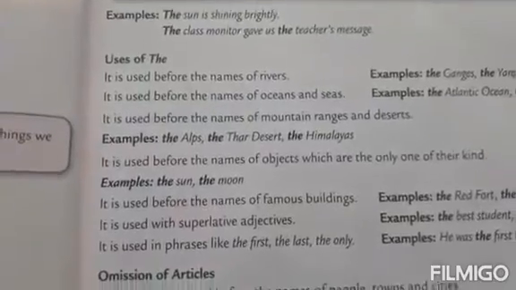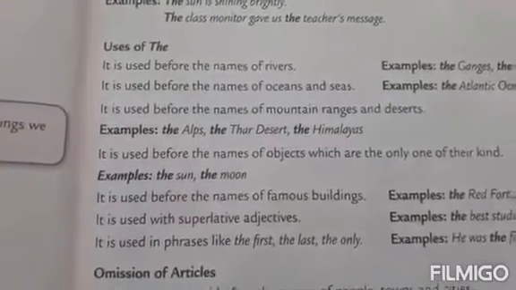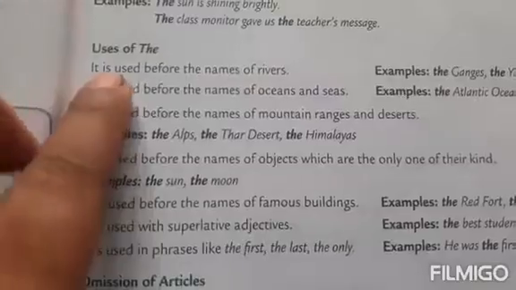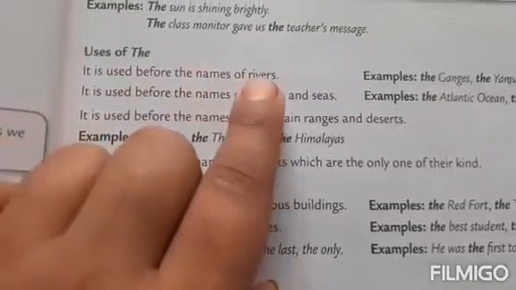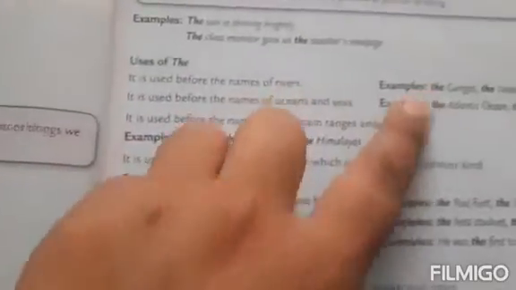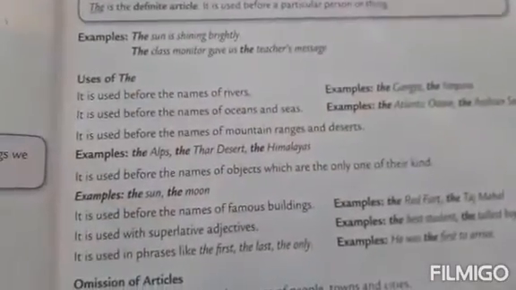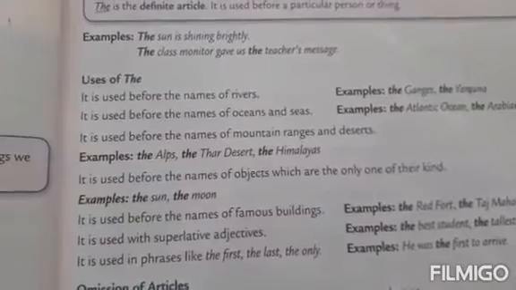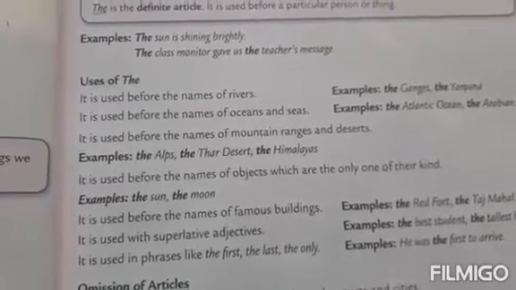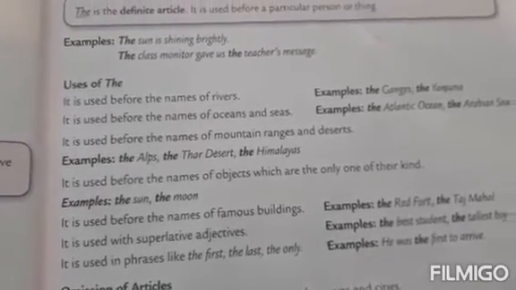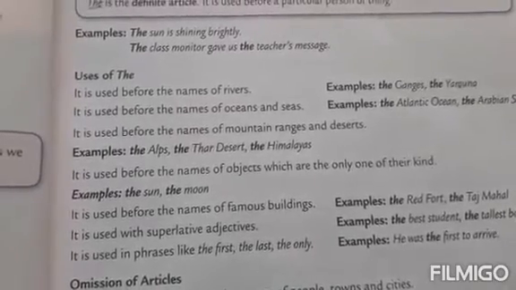Now we come to uses of the. The is used before the names of rivers. For example, the Ganga, the Yamuna. It is also used before the names of oceans and seas, mountains and deserts. For example, the Atlantic Ocean, the Arabian Sea, the Alps, the Thar Desert, the Himalayas.